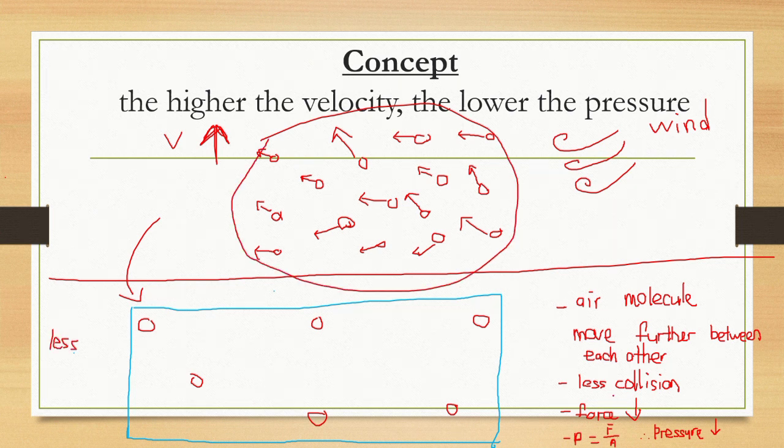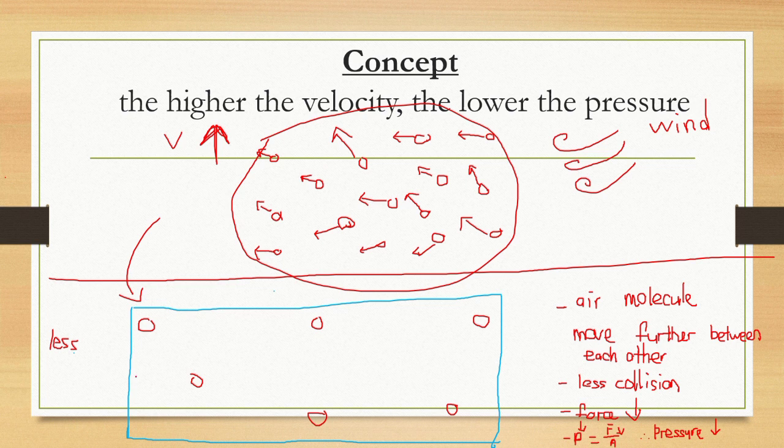So there will be fewer collisions between the air molecules and the wall of the container. Therefore, the force produced is decreased. And lastly, pressure will also decrease because the pressure is directly proportional to the force. When the force decreases, the pressure decreases, okay?